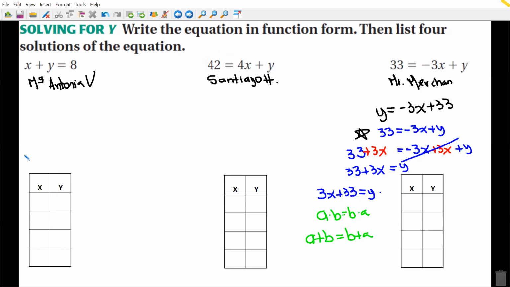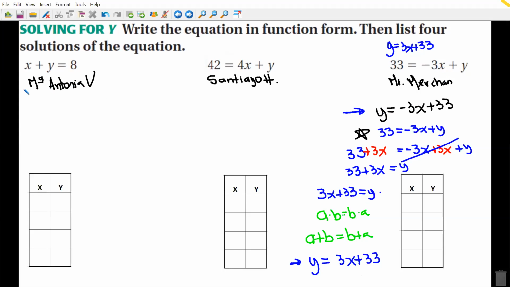Well, I'm going to use that commutative property to say y is going to be equal to 3x plus 33, okay? Now, look at your answer and compare it with this one. Oh, I put negative. Got it? Okay, so I'm going to be writing over here, y is going to be equal to 3x plus 33.